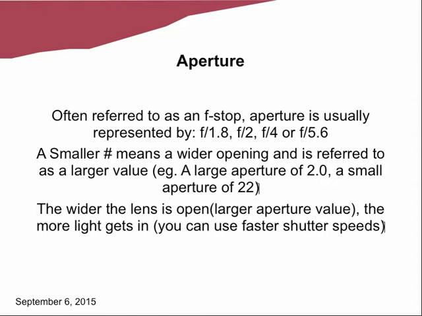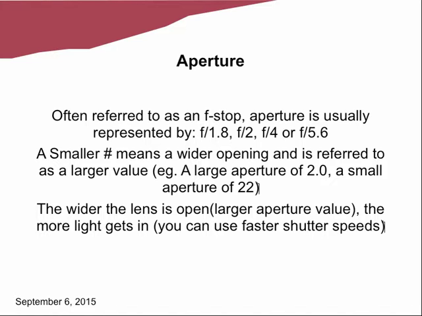Aperture is also, you may be more familiar with it as your f-stop. And if you see something written out or directions, aperture is usually represented in Fs. They start at f1.8, f2, f4, f5.6, and they can go on up.